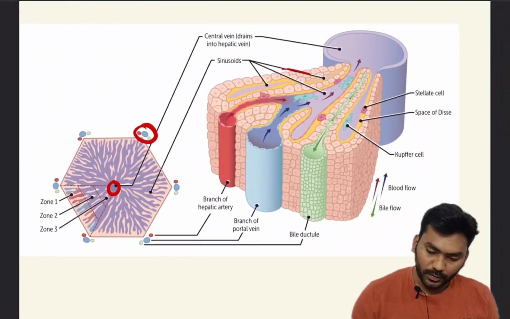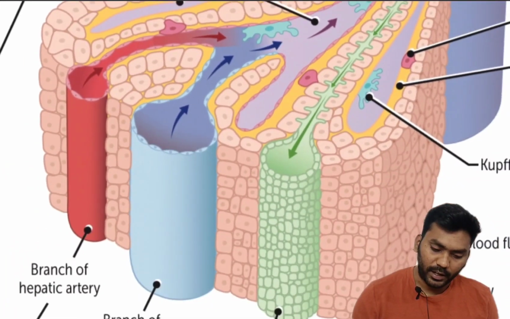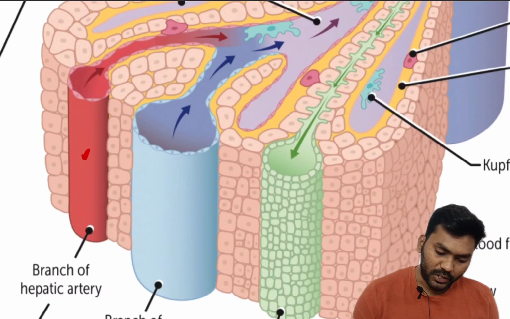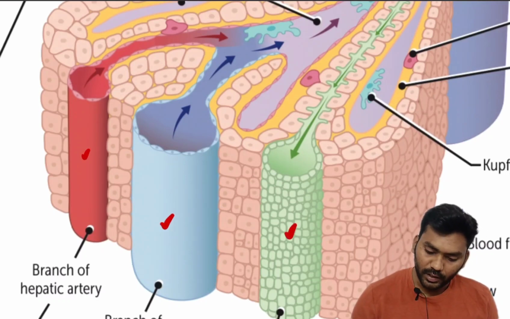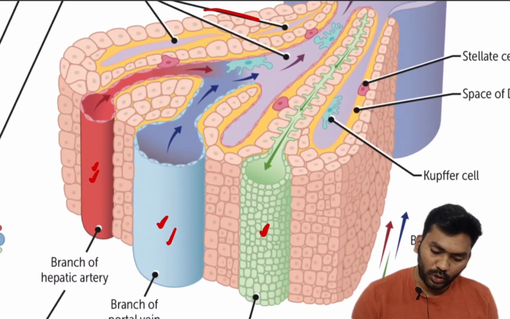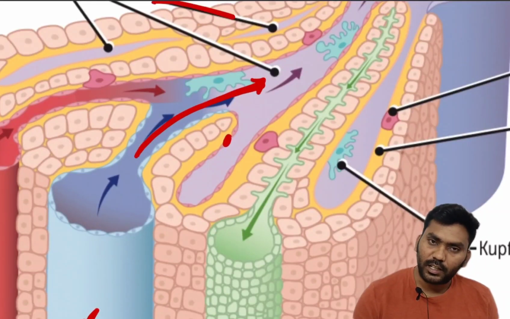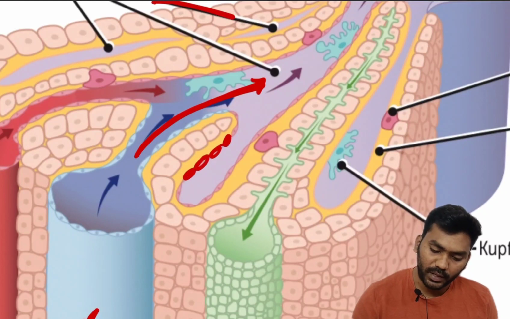This portal triad contains a branch of the hepatic artery, a branch of the portal vein, and a tributary of the bile duct. Both the hepatic artery branch and portal vein branch open into the liver sinusoids. These liver sinusoids are lined by a single layer of endothelium.